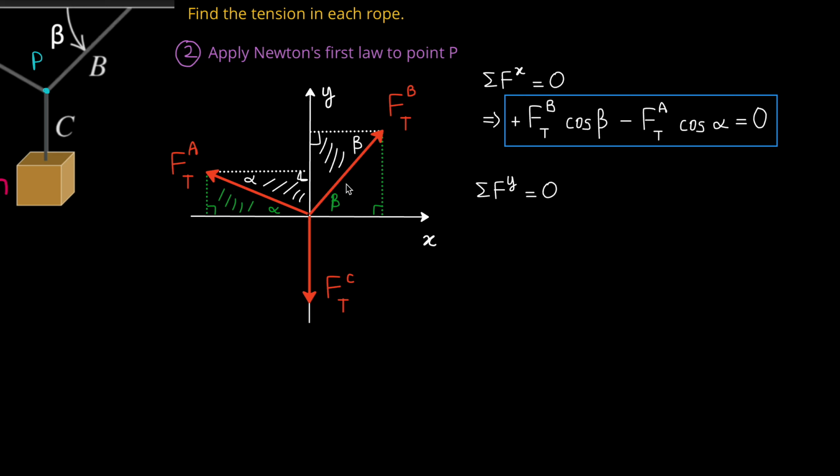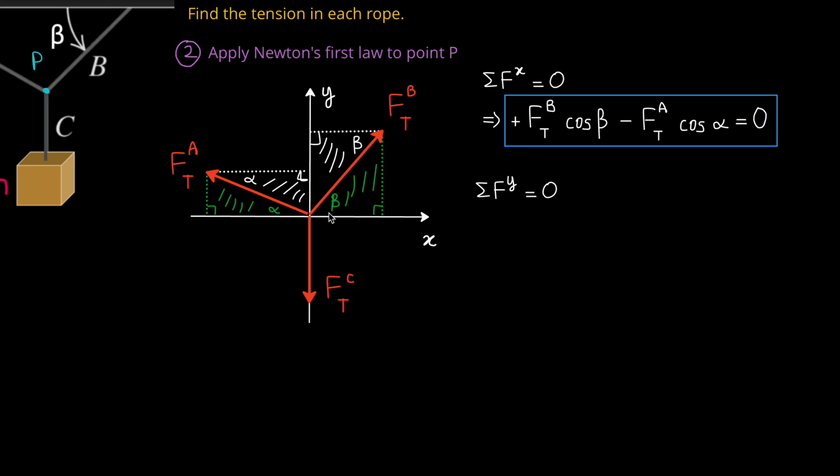On the other hand, for the tension force in rope B, we can focus on this triangle right here. Here's my 90-degree angle. The force vector is the hypotenuse, and the angle beta is right here. So again, the y component, the vertical component of this vector, is represented by this green dashed segment, which is opposite of the angle beta.